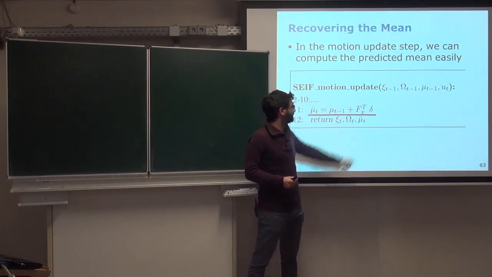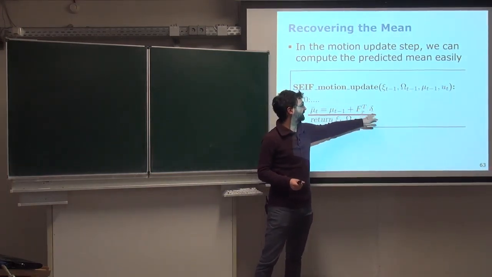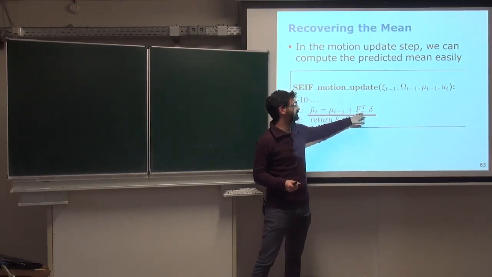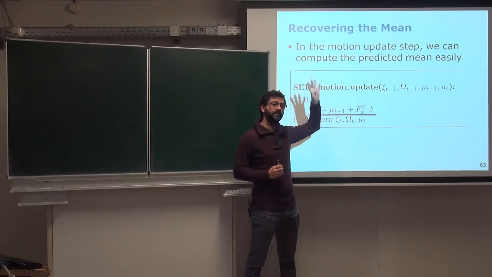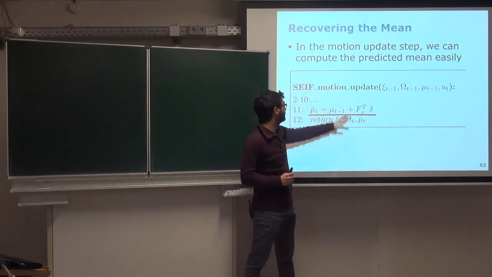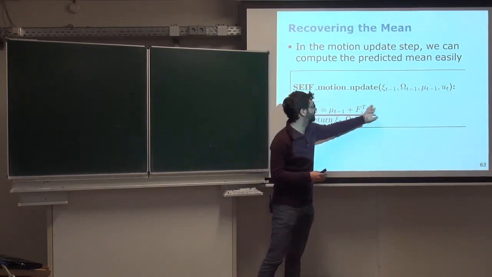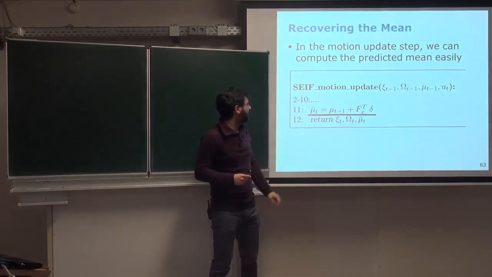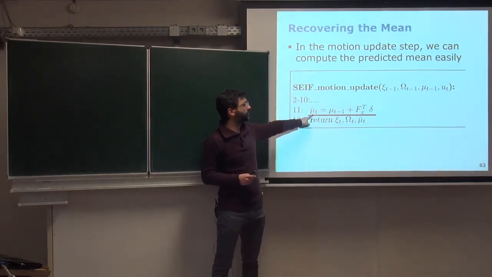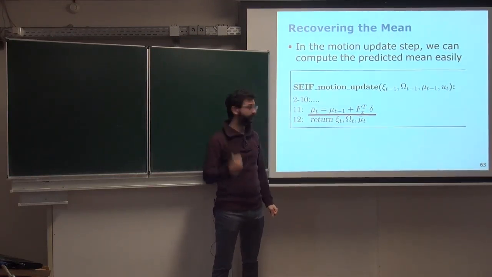Now, this will be our delta in the motion. This is what comes from our nonlinear function. This is just a usual F that puts it back into the higher dimensional space where it is the pose and landmarks, and then we add it up to the old mean. Okay, so the nonlinearity here is actually masked in this delta here. And this is the optimal prediction, and that's what we're going to use when we want to evaluate the Jacobian of the measurement function at the point.